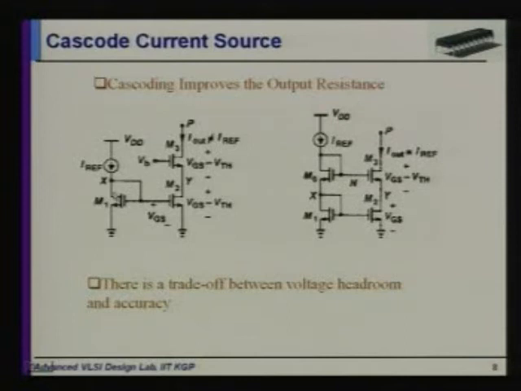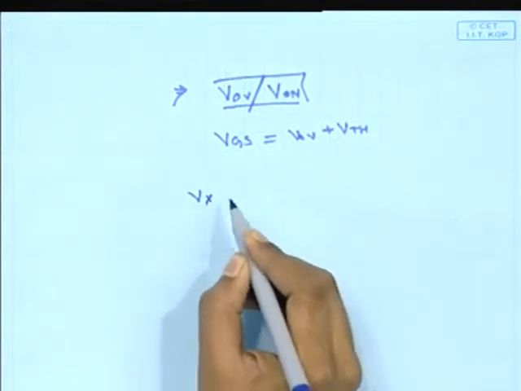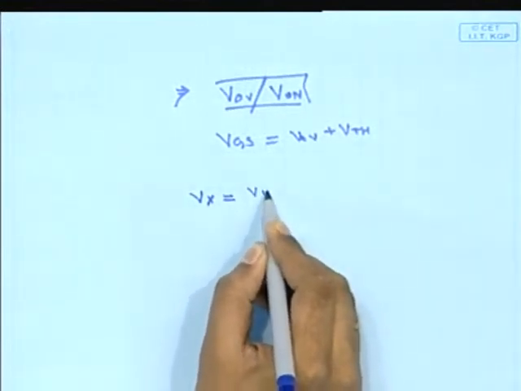Now the main factor to get high accuracy for this circuit is that if we equalize this Vx, that is the node voltage of that particular point, and that particular point, then we can get very accurate results. So how can we do that? We have to equalize this Vx equal to Vy.